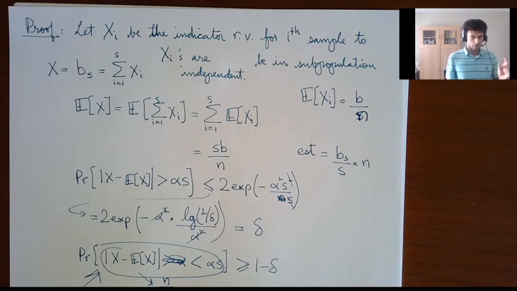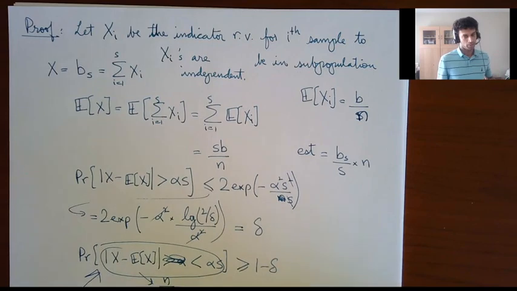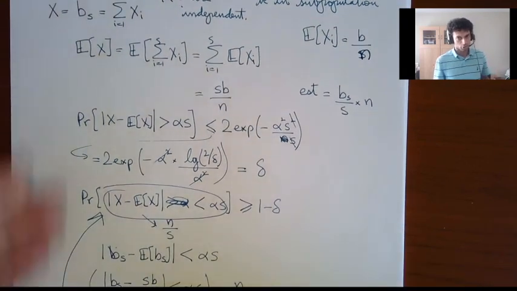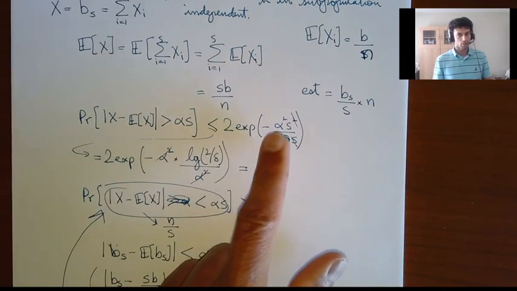So what is important is you convert whatever your algorithm is doing. Your algorithm here was just sampling a bunch of people, looking at the fraction, and then multiplying that by n. You try to write that as the sum of independent random variables. And once you write that as the sum of independent random variables, then you can apply the Hoeffding bound. And once you apply the Hoeffding bound, you go through the motions over here, and you can derive the right choice of s.